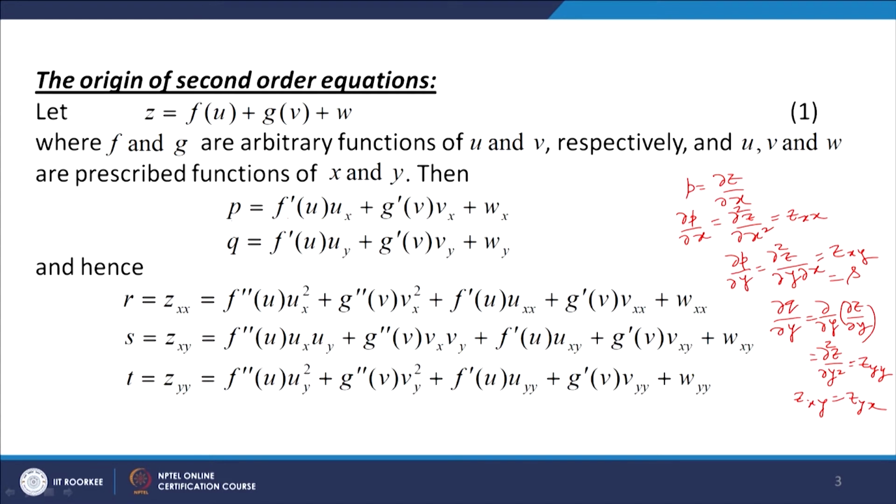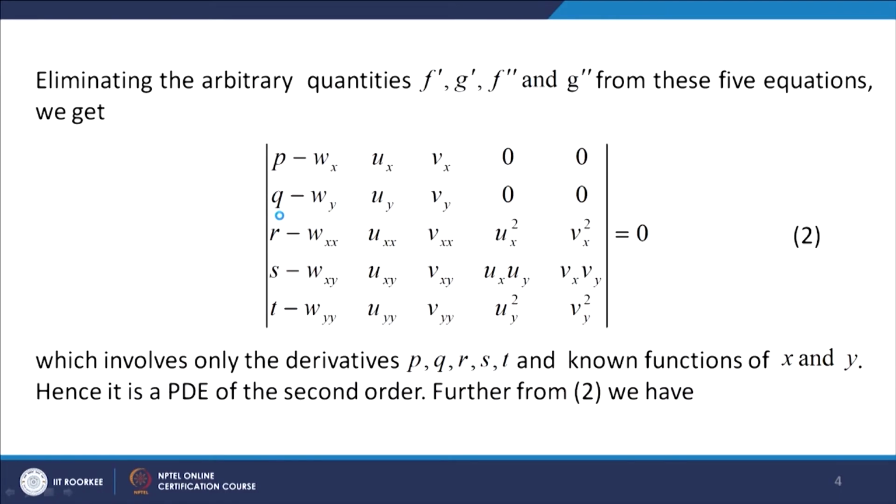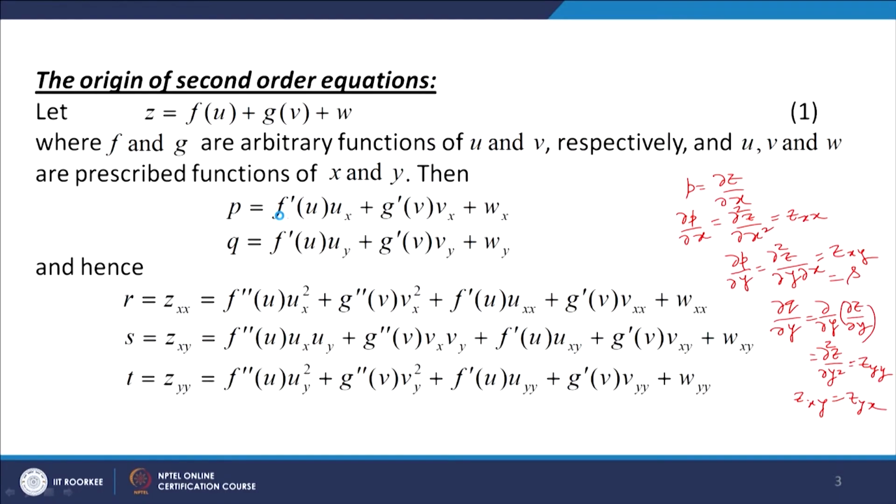We can write the first equation as p minus wx minus f dash u ux minus g dash v vx equal to 0.